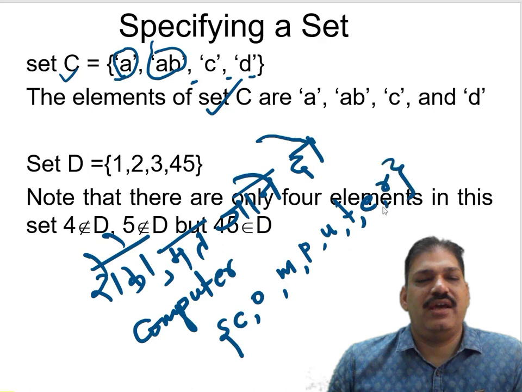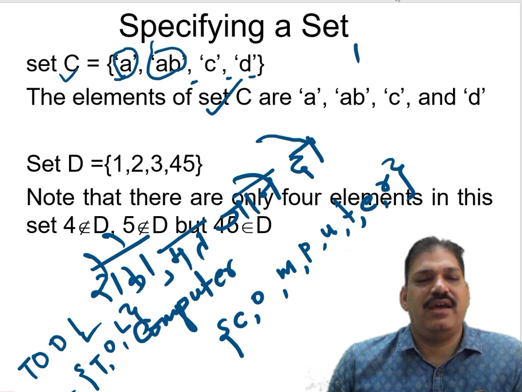Okay. If I take one more word, suppose I say tool, T-O-O-L. Now, how will the set be prepared? Obviously, it is T, O, L. The O will not be repeated.